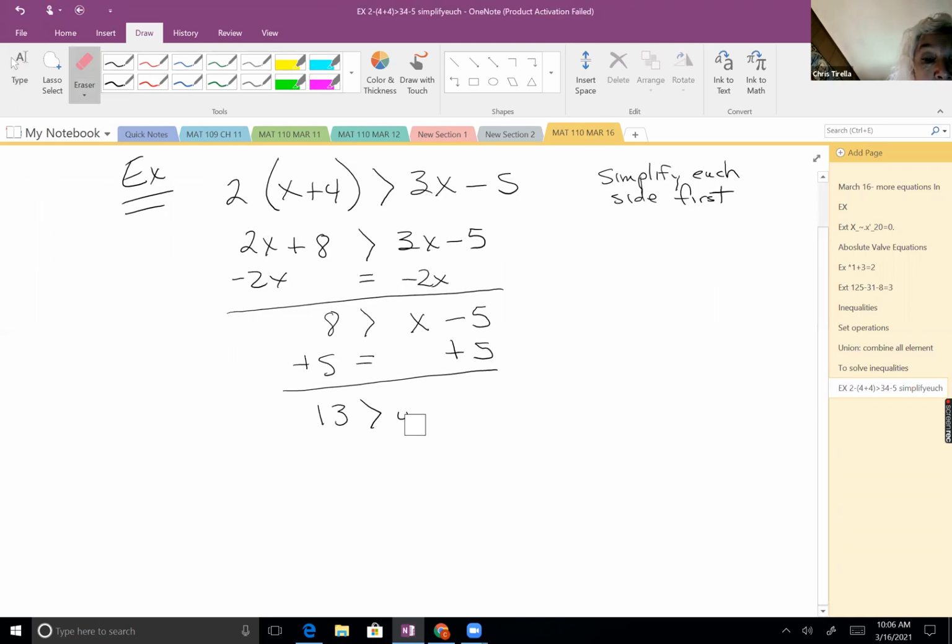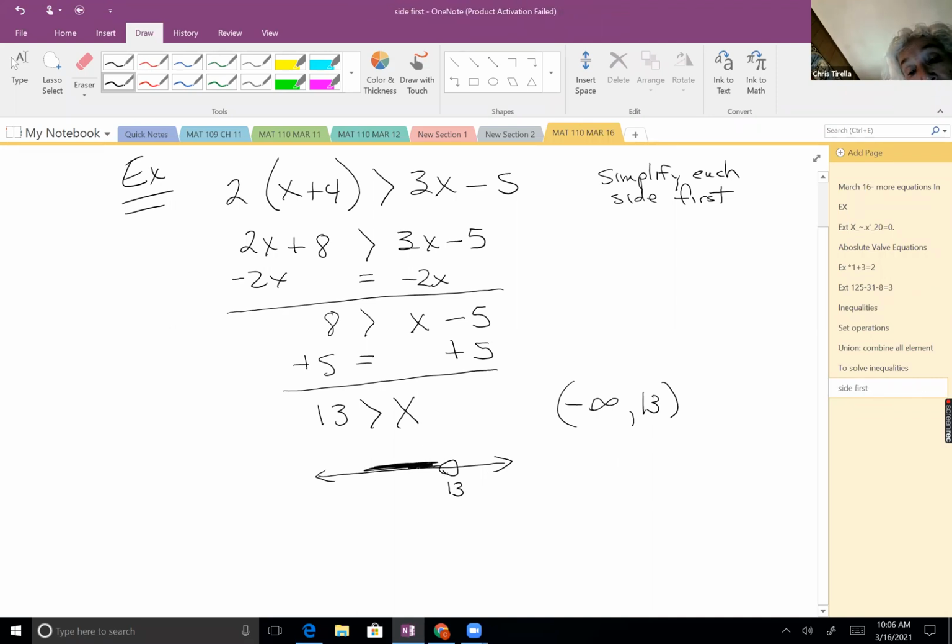I apologize. So here, the largest value is 13. There is no smallest value. So we'll have the open interval from negative infinity to 13, where we're not including the 13, x is on the smaller side, which would give us that same open interval.